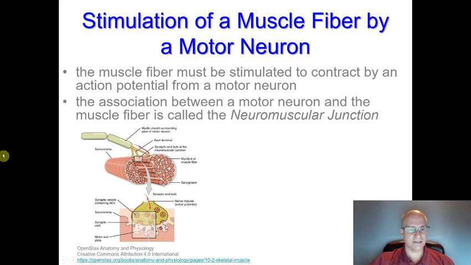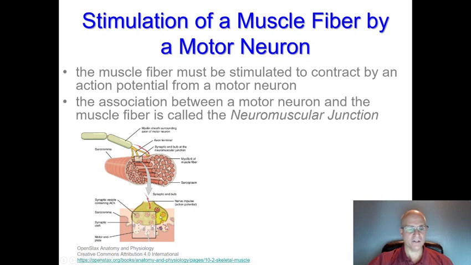And as you can see from the picture here, here's our motor neuron. And we'll talk about why it's wrapped in a little membrane right here coming up in a little while in a future video. And then here we see the terminal end of that motor neuron stimulating different parts of our muscle fiber. And here's an enlargement of that area right here.